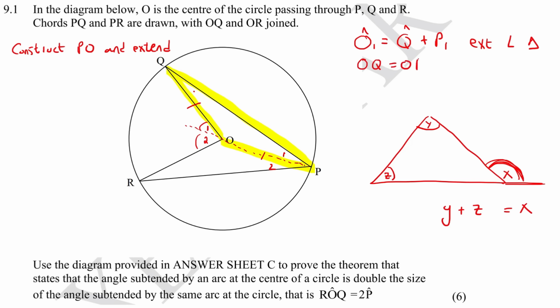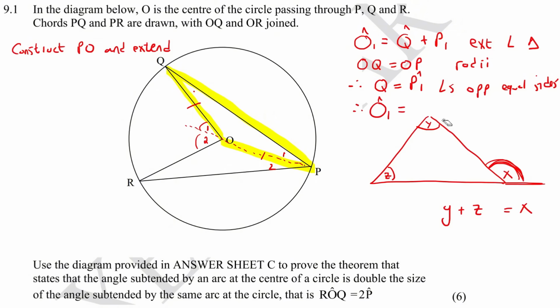OQ is the same as OP because they are radii. That would then mean that these two angles are the same. So we're going to say, therefore, angle Q must be the same as angle P1 because they are the angles opposite equal sides.